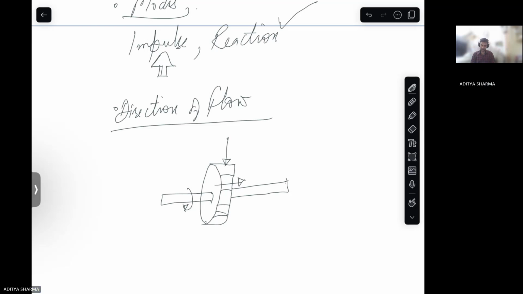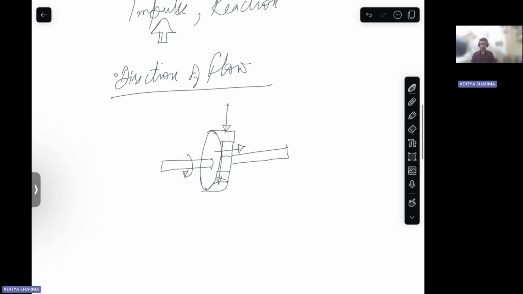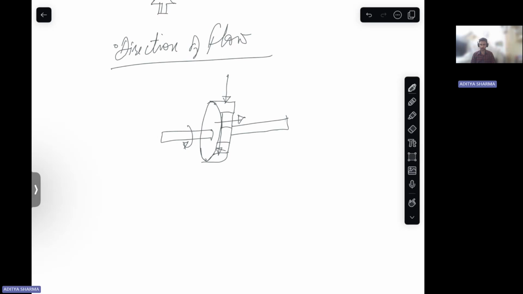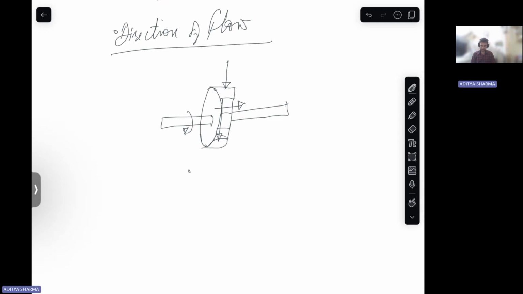And if the water is tangential to this circumference, tangential this way, in that case it will be tangential flow. So the visualization in 2D is a bit limited, but I hope it is clear: radial, axial, and tangential.